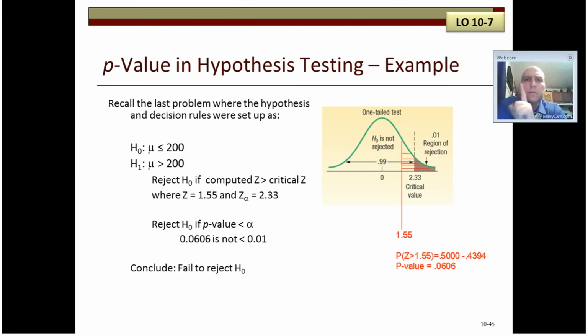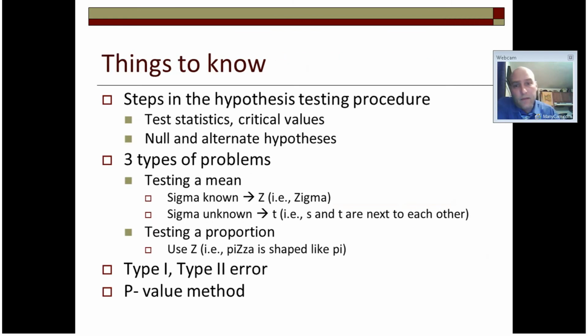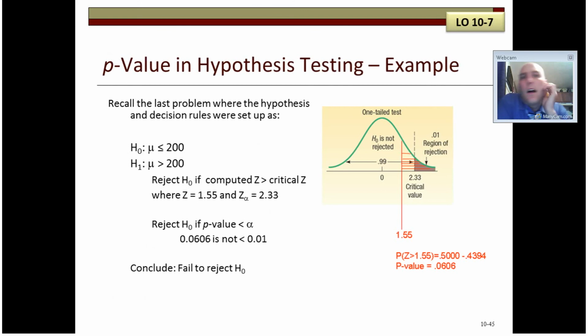One last point on the p-value method. This is enough to stop, even though we're right at the end. When you calculate a p-value, it's the area in the tail cut off by the test statistic. What we've done here is a one-tail test. In the event that you have a two-tail test, your p-value is actually double the area because it has to go in both directions.